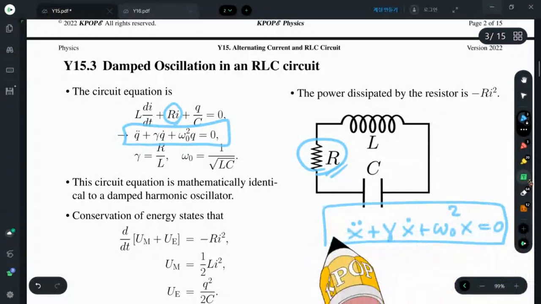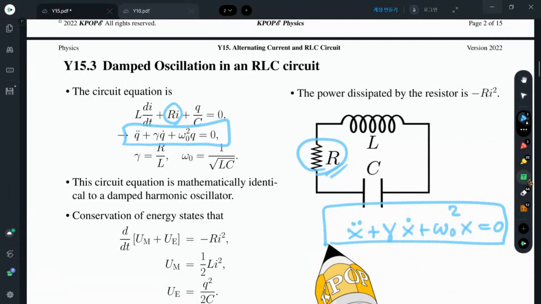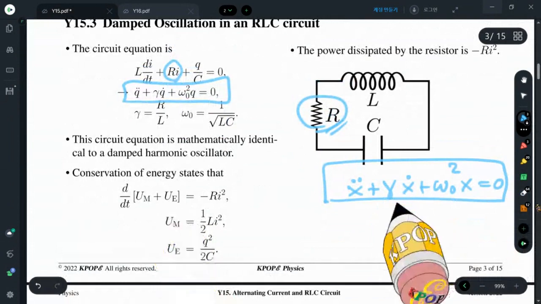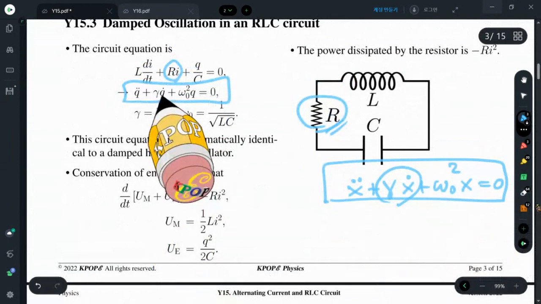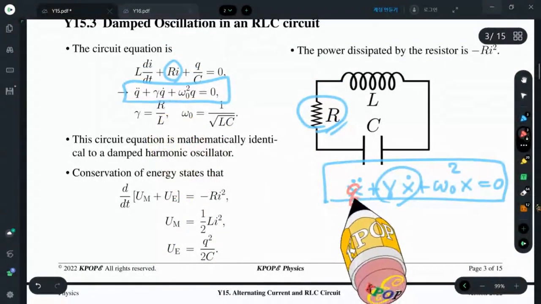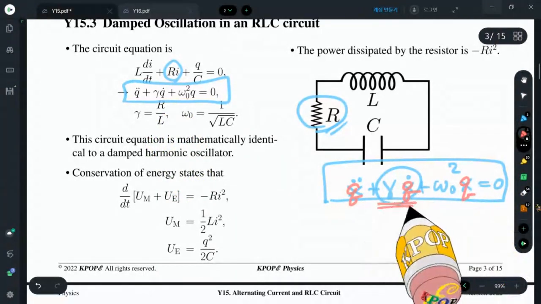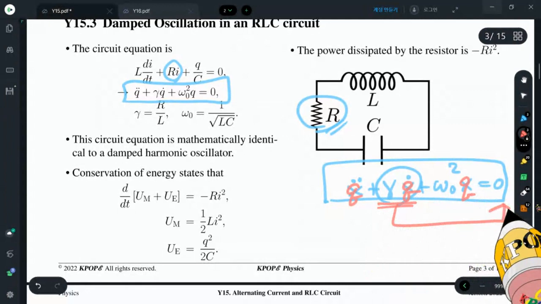You remember this homogeneous equation. Why don't we move this term, after replacing x with the charge, to the right-hand side.